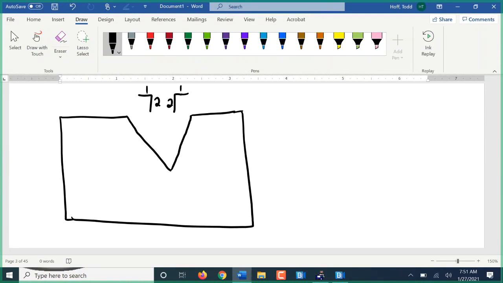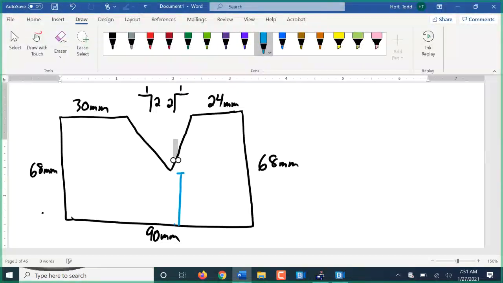We've got a V-notch cut in a block here. We want to know what that distance is.